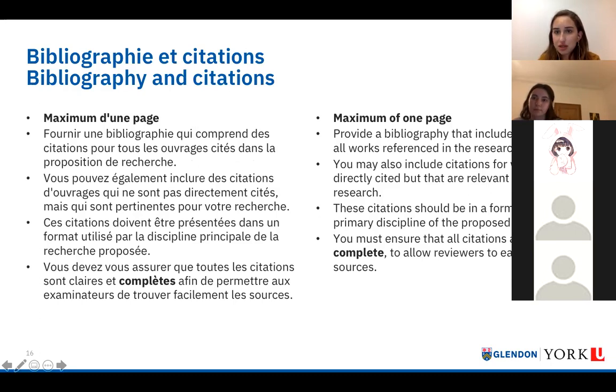And the bibliography, I think, is a really great opportunity to also show how much you know about the field, how much research you've done prior to writing the proposal. So you can, again, include citations that aren't directly cited in your research, right? To show that you have this background knowledge and understanding. And again, yeah, proper format.